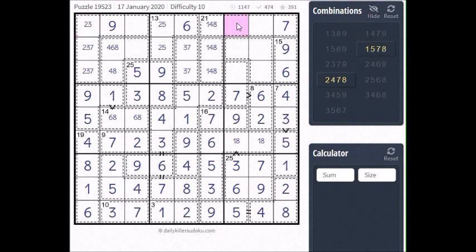Now I'll write the two possibilities. This is either 8, 2, 4, or 1, 5. So this must be 1, 8, and 5.